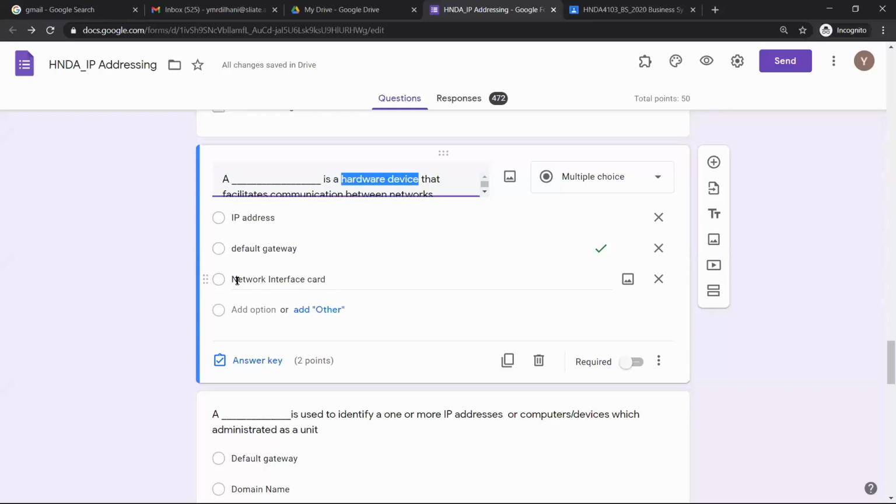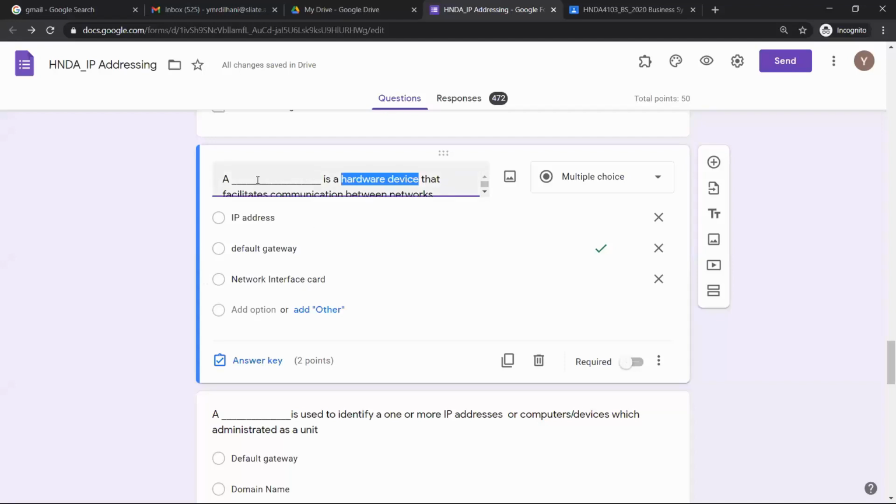Network interface card, you already know, this is what we plug into your computer, or you have a wireless one, right, which is used to connect into a network. And these two are hardware devices, right? So the network interface card is used to connect into any network.